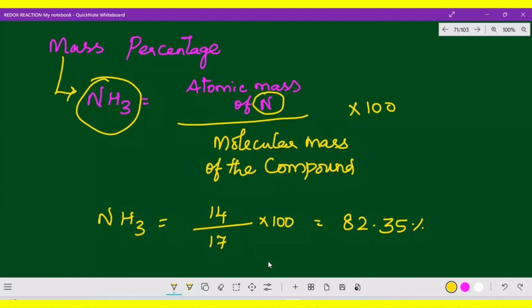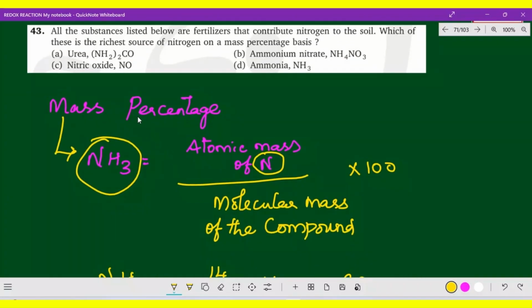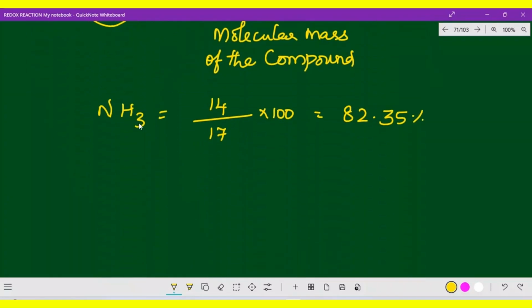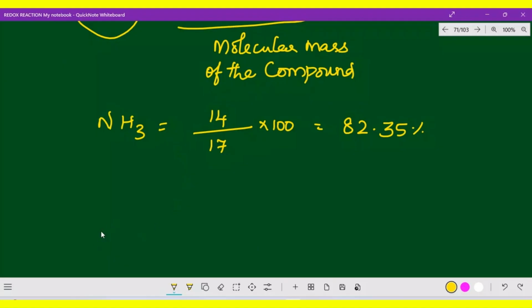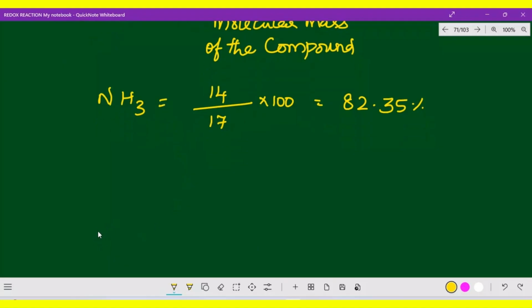Now let us check the other three also, because ammonia is there, urea is there, ammonium nitrate is there, and nitric oxide is there. Let us check each one to find which has the highest percentage of nitrogen. Now the second one is urea, NH2CONH2. Usually we think urea has more nitrogen. Let us check how many nitrogens are available.